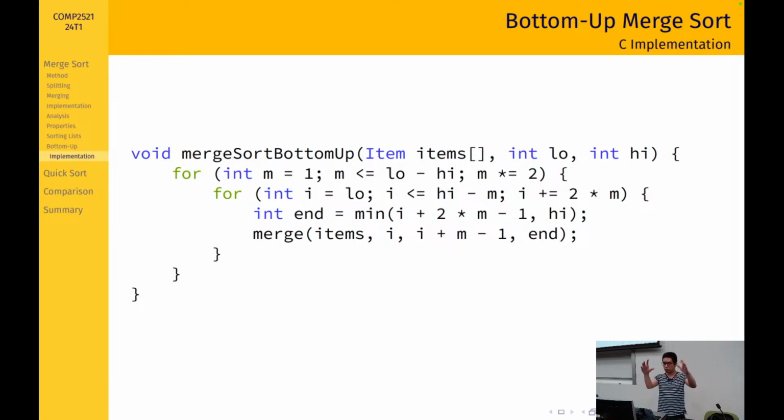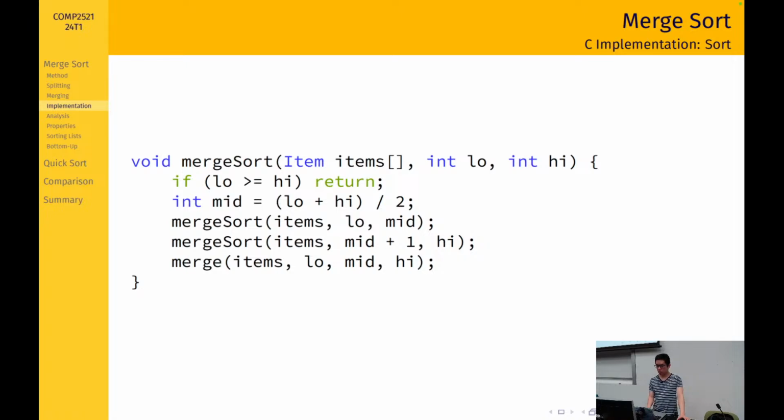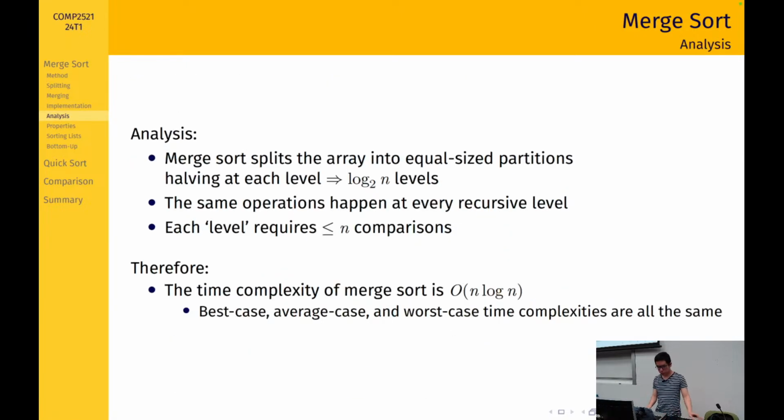You only have a constant number of functions on the stack. So yeah, that's a good question. I'd say bottom-up merge sort is what you'd prefer, if you had to choose. But yeah, I still think the top-down merge sort is easy to understand, easy to implement.